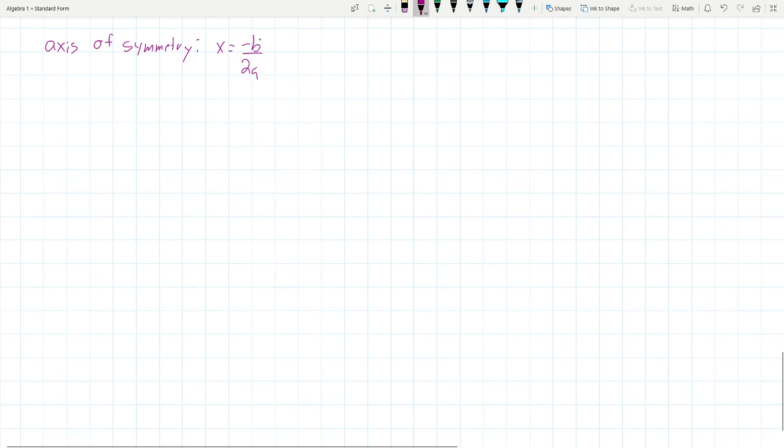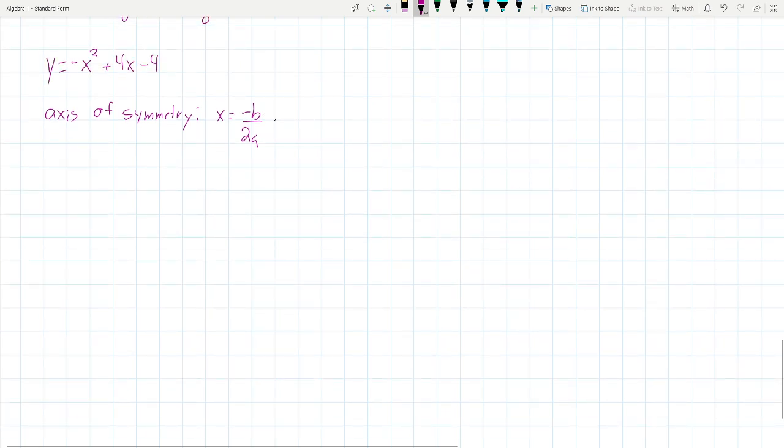You could actually utilize that in order to figure out some stuff, which is really cool. All right, let's get back to it though, where my negative b is negative 4 divided by 2 times negative 1. And so I get that negative 4 over negative 2, which means I get 2. So my x value, my axis of symmetry, is x equals 2.